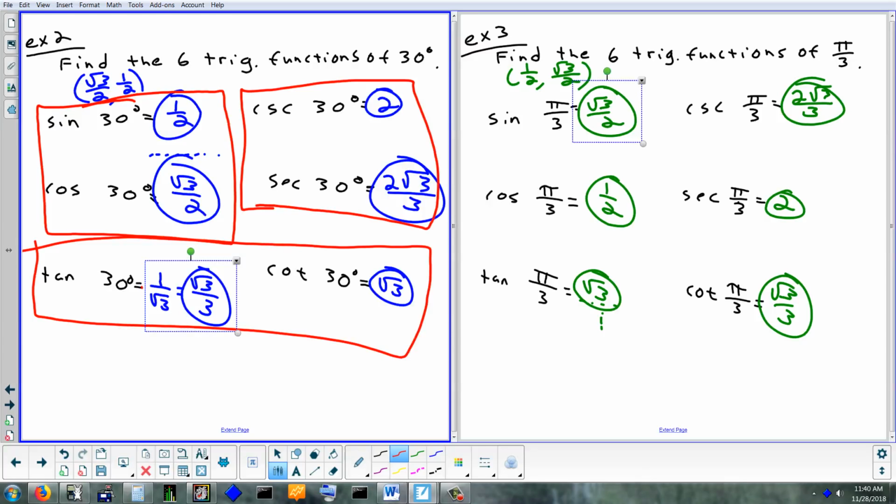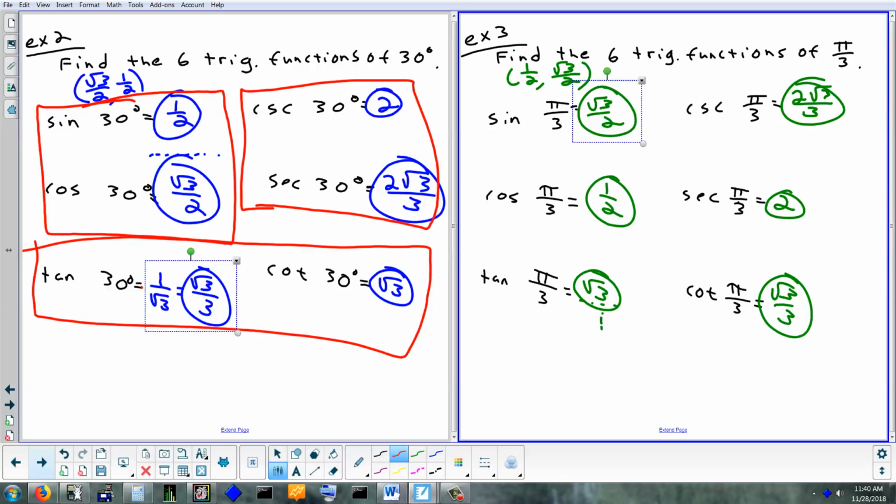The way I pronounced them was on purpose. Those are called cofunctions. When you put the word co in front of a function, it's the cofunction, and that's what switched places. Questions on that?